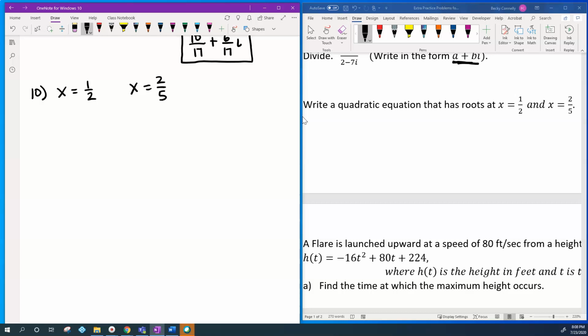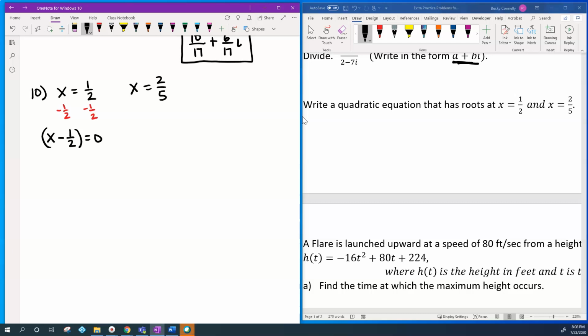We're going to reverse the steps. So we're going to get everything over to one side. So that means I need to subtract my 1/2 over to the other side. So that will give me x minus 1/2 equals 0.